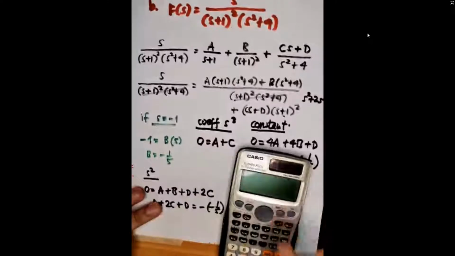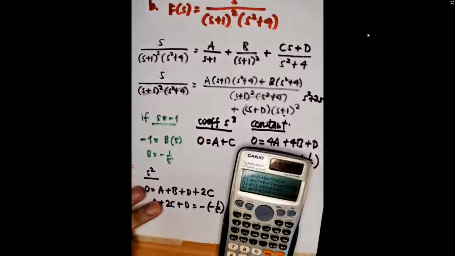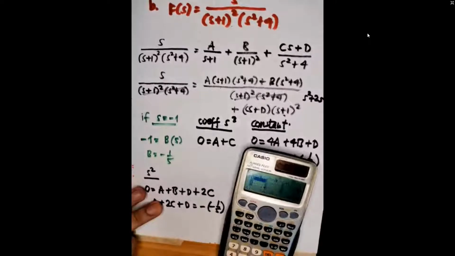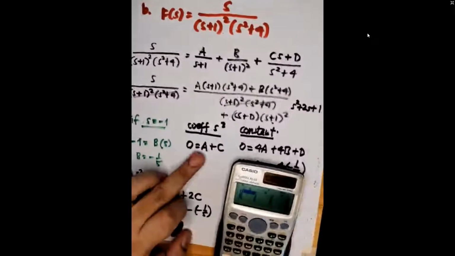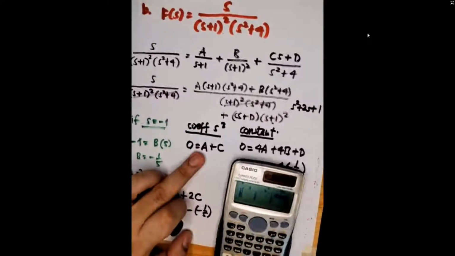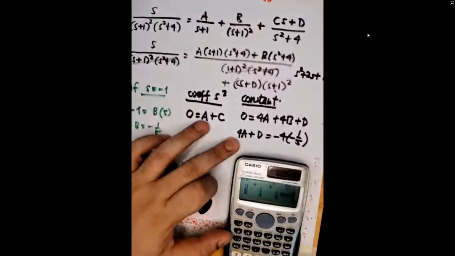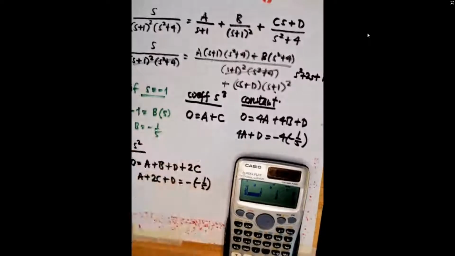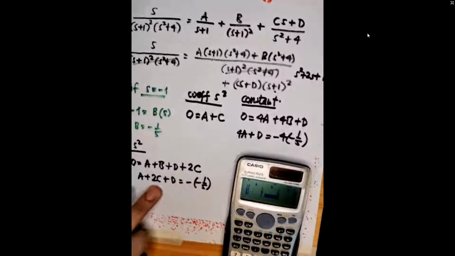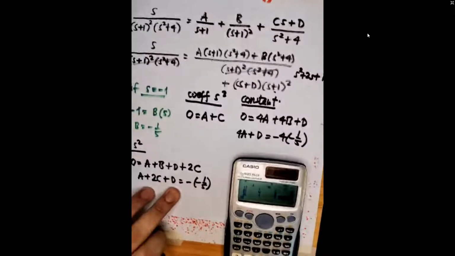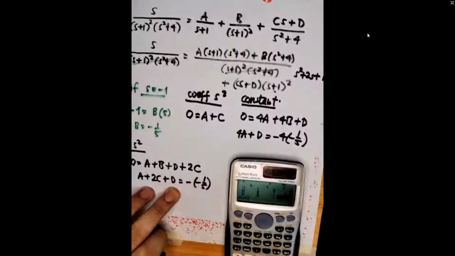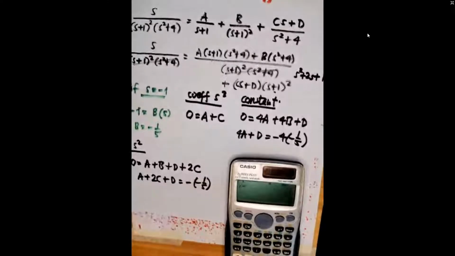Ikakalkyo ko na lang. Mode 5, 2. 1, 1, 0, 0. This is 4, 0, 1, 4 divided by 5. This 1, 2, 1, 1 over 5.